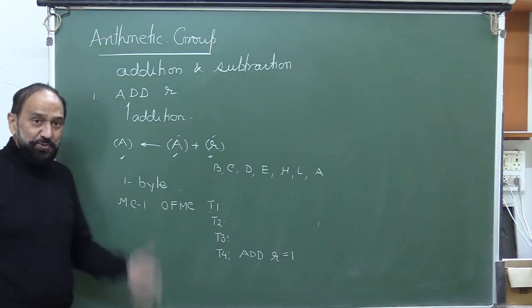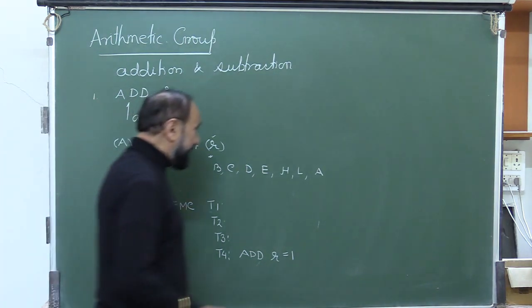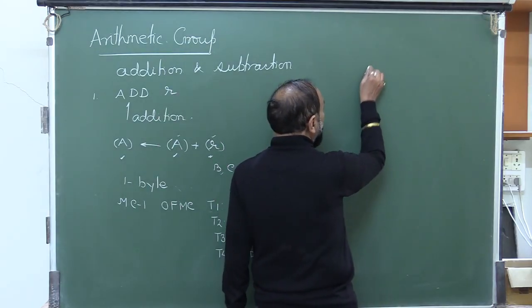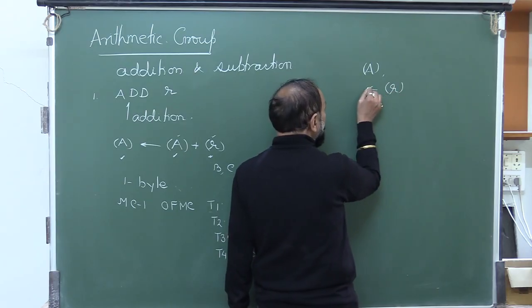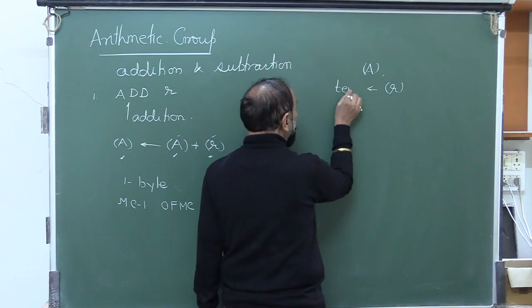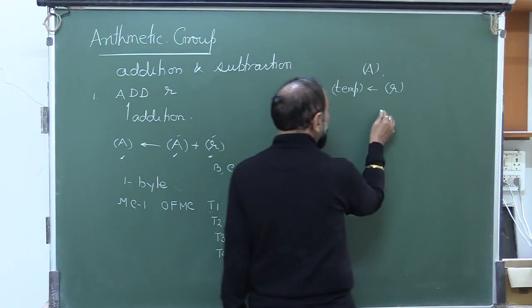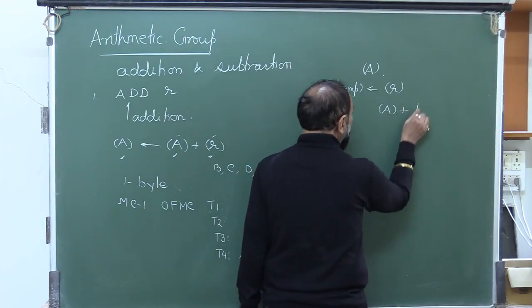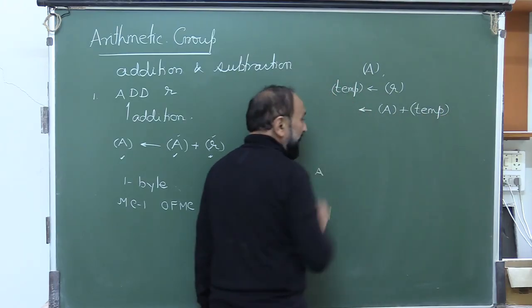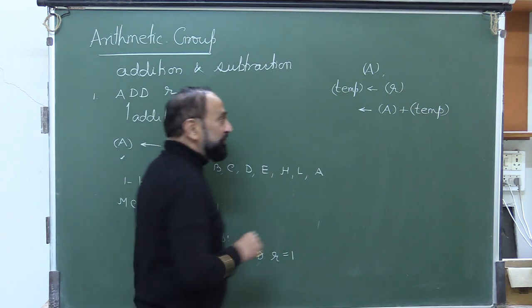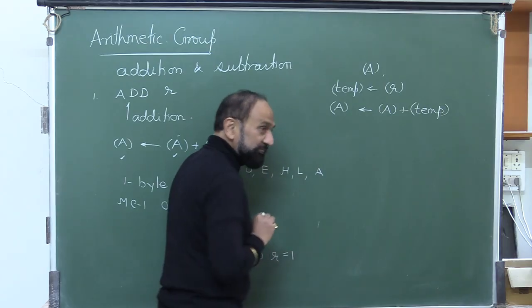Only execution is needed, and it is possible like this. One of the operands is already in the accumulator. The second operand from register R is moved to the temporary register, and then the addition takes place in the ALU, and then through the internal data bus the result goes back to the accumulator.